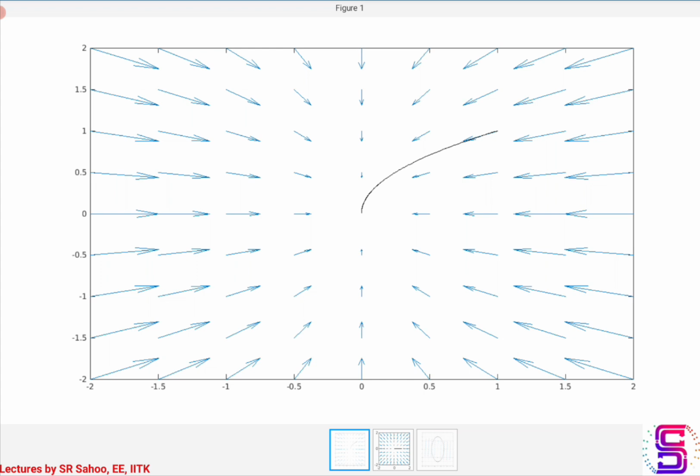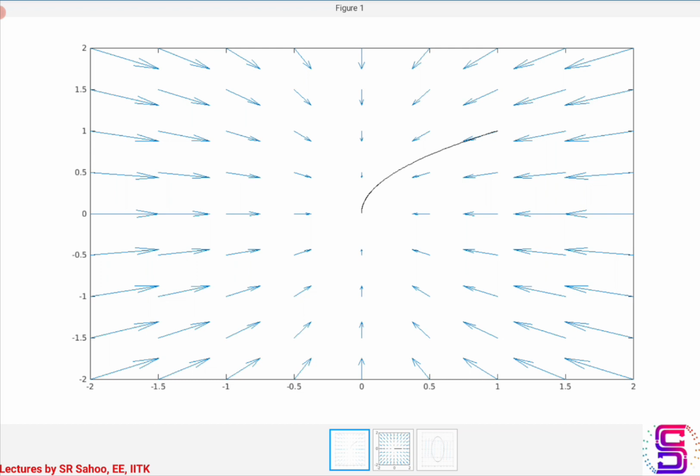And if you can see, anywhere the trajectory starts in this state plane, well, they indicate that wherever you start, the trajectory is finally going to approach 0 0.